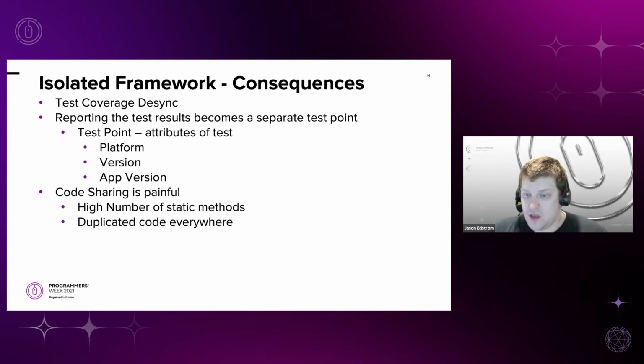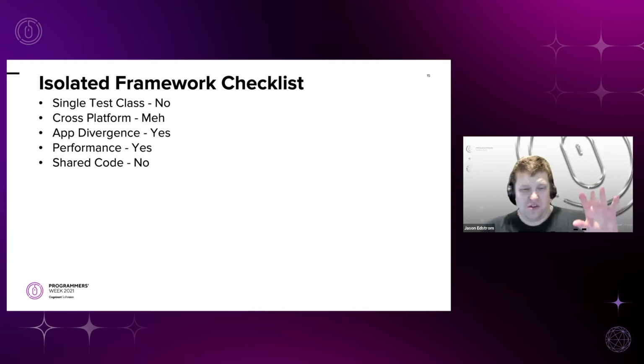So if we walk through our checklist, we don't get our single test class, and that's unfortunate. That's one of the nice pieces and the nice guidelines that we have. The cross-platform stuff, it's kind of there because of the fact that you're building two individual frameworks. It's not cross-platform because of the ingenuity that you put into place on building the framework.